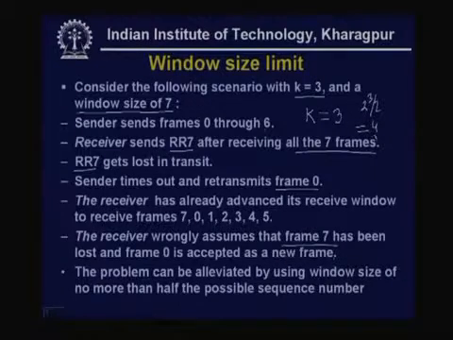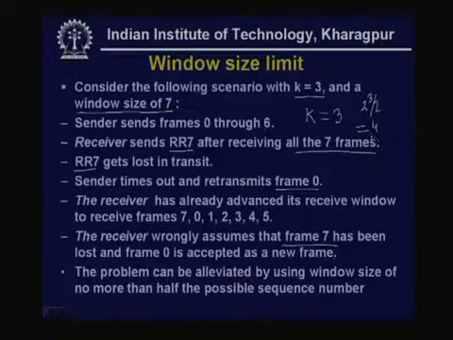And moreover, for both the receiver and transmitter, we require more bits here, because it has to be 2 to the power k by 2. Suppose we are having a window size of 7.